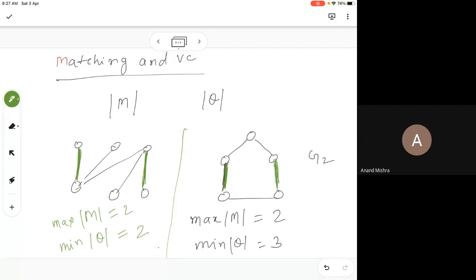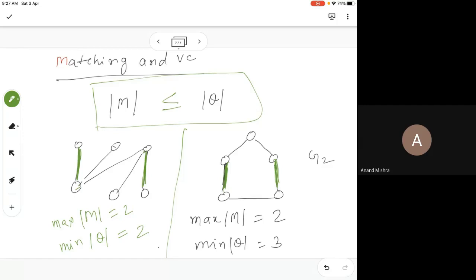So 3 matching cannot be possible, and therefore the relationship between these two, M and Q, is this. We are not proving it, but there is a theorem for it, and that is beyond the scope of this course because it is covered in the graph theory course. The maximum size of matching is always less than or equal to the minimum size of vertex cover, right?